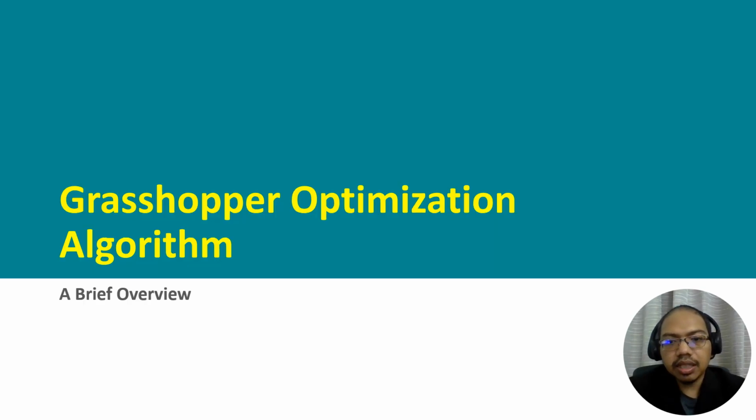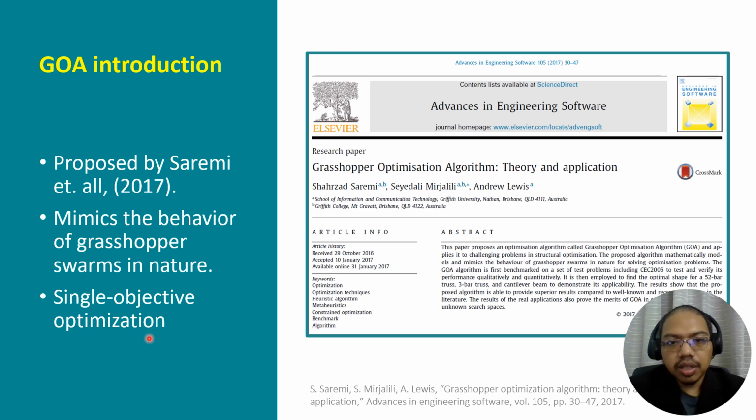So just a little bit about the Grasshopper Optimization Algorithm, or GOA. It was introduced by Saremi et al. in 2017. Now the basic idea of GOA is that it mimics the behavior of grasshoppers, in this case grasshopper swarms in nature itself.